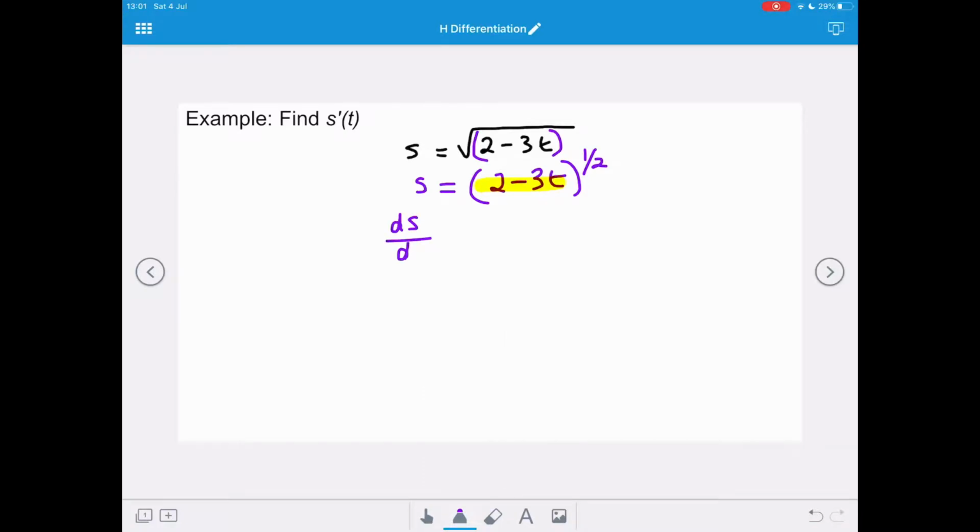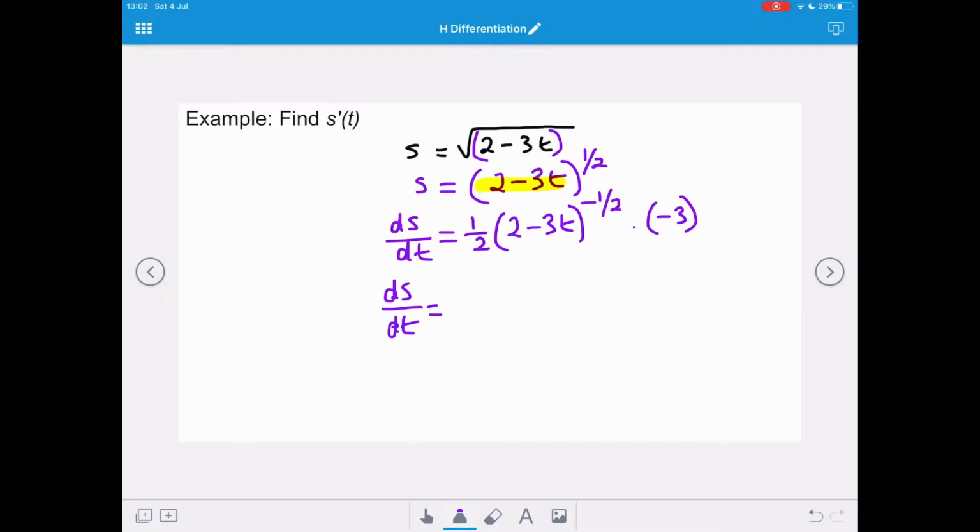So in Leibniz notation, the derivative of s with respect to t equals a half multiplied by (2 - 3t) to the power of negative a half. And then we're multiplying that by the derivative of 2 - 3t, which is negative 3. Now we need to do some rearranging and simplifying.